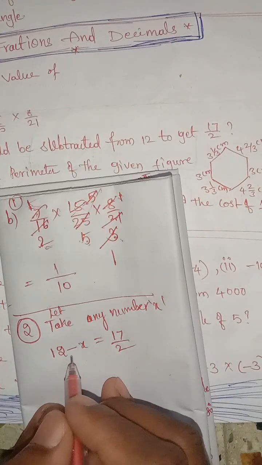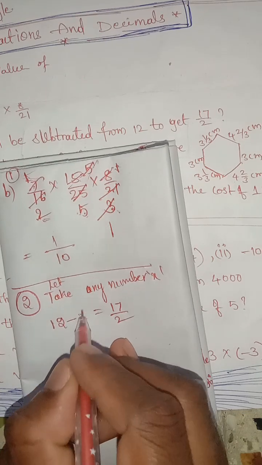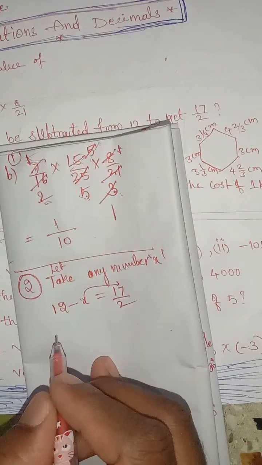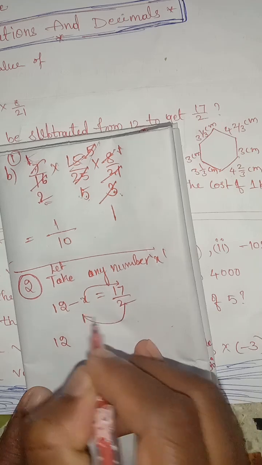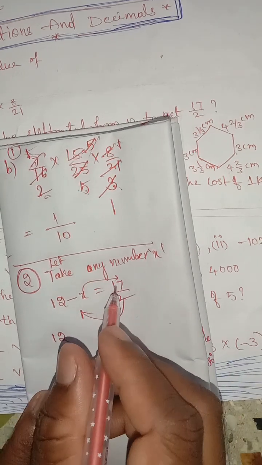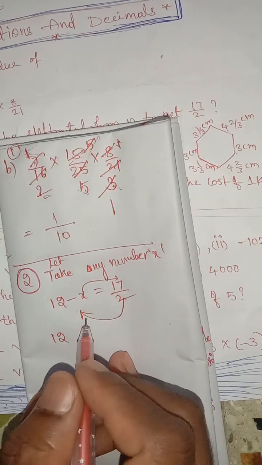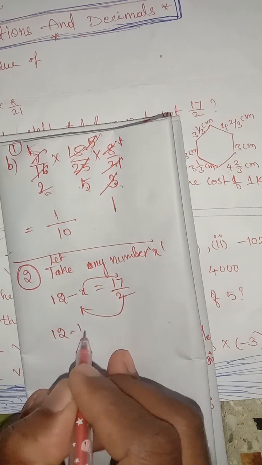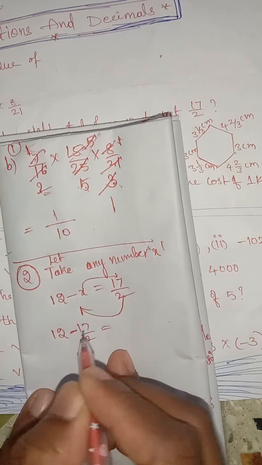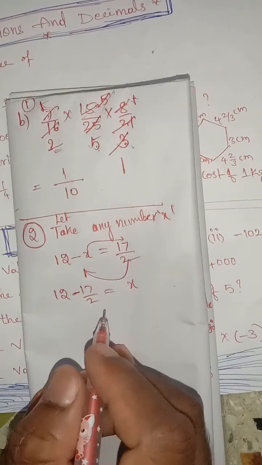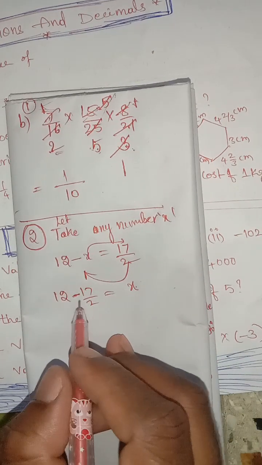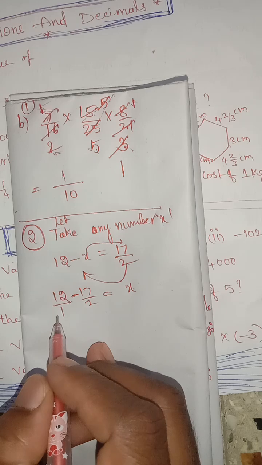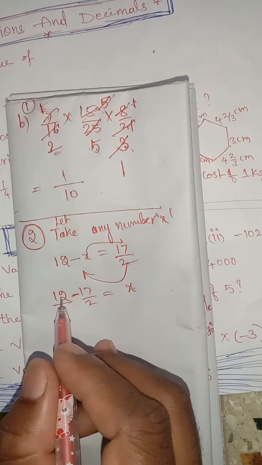So 12 minus x equals 17 by 2. After transposing, minus x plus x, 12 transposed to the left side, so x equals 12 minus 17 by 2. So 12 by 1 we can write as 12 is an integer.